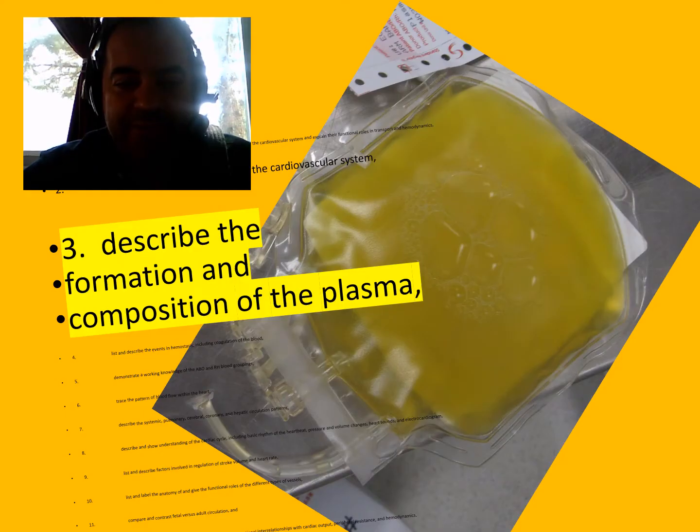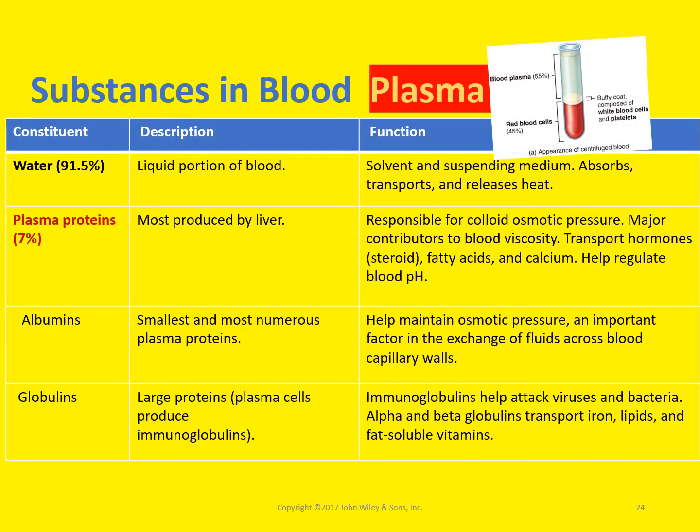And describe the formation and composition of the plasma. In a typical whole blood sample, there is about 15 grams of hemoglobin protein and about 4 grams of albumin protein.